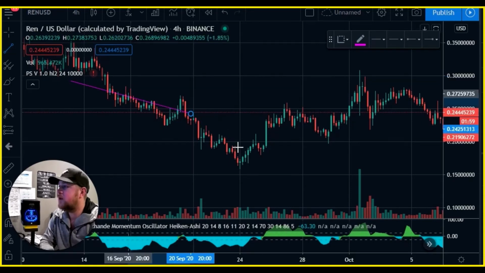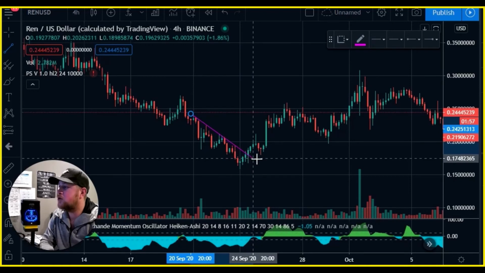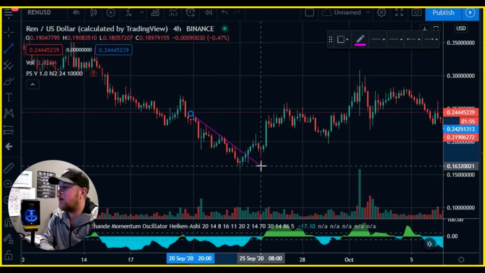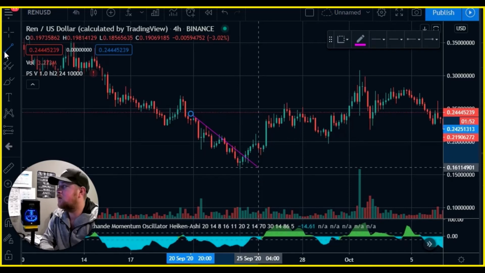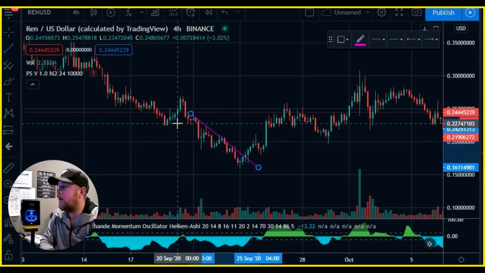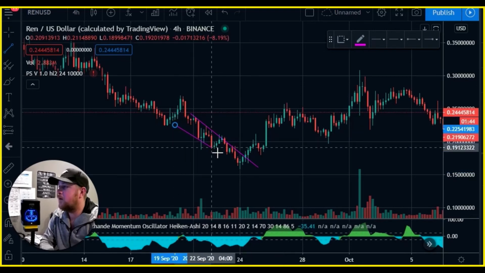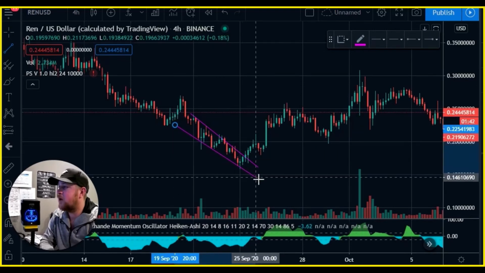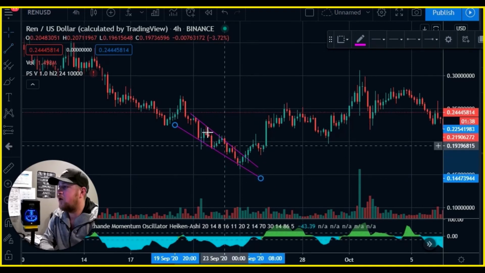Let's get this over here. You're going to want to draw this trend line down here. Nice and easy, right? And you're going to want to grab a second trend line right on the bottom, match it up to the bottoms like so, and you know you're in a falling wedge right now.